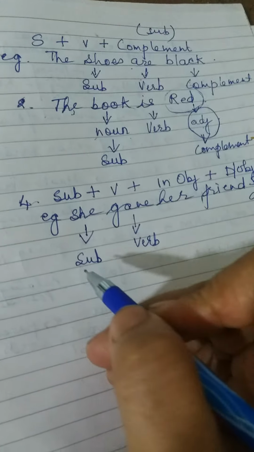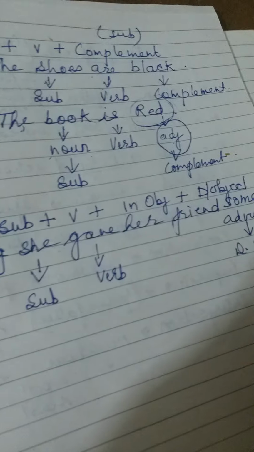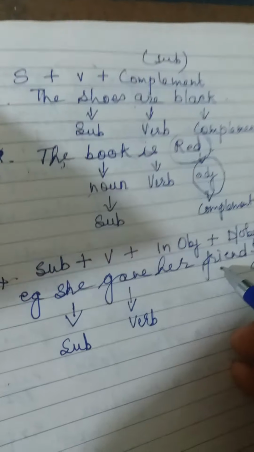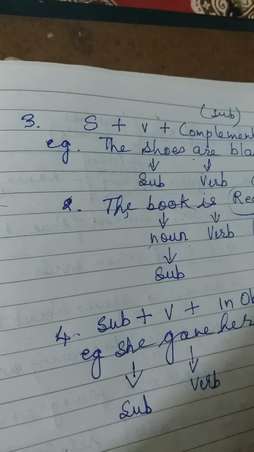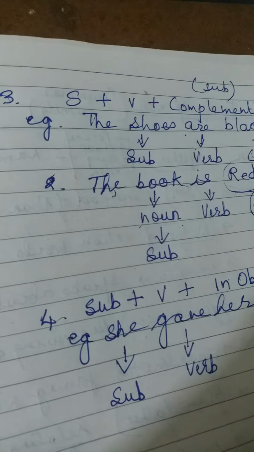She is subject, gave is verb, advice is the direct object, and her friend, this friend is the indirect object. Children, did you understand this?